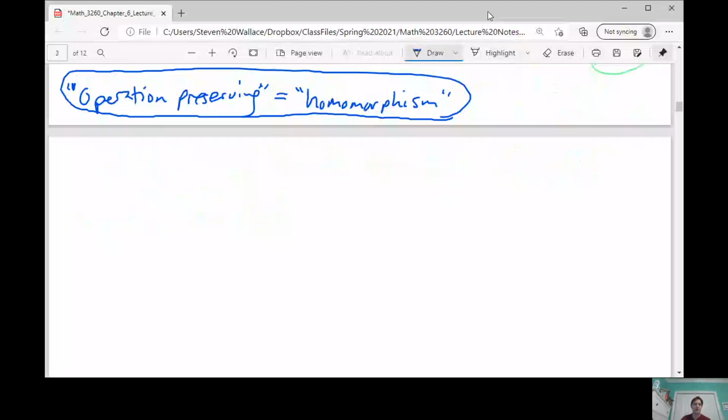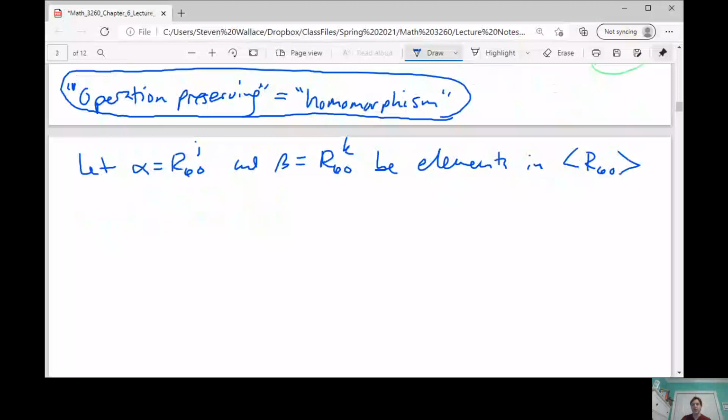We said let alpha and beta be arbitrary elements in our group. I can label them R60 to the J and R60 to the K because that's what all the elements in this group look like.